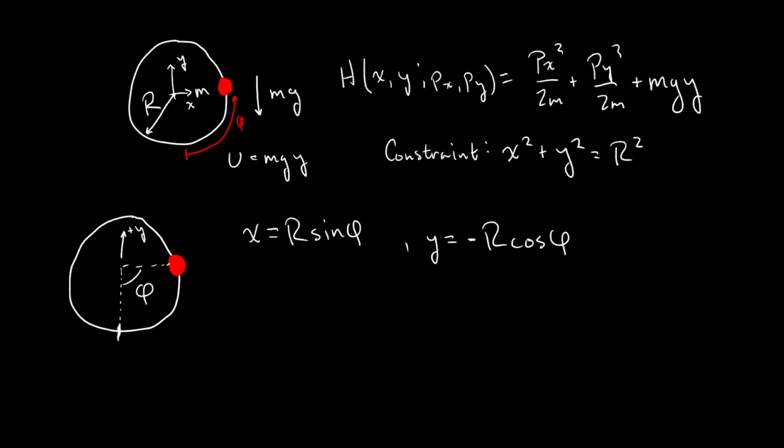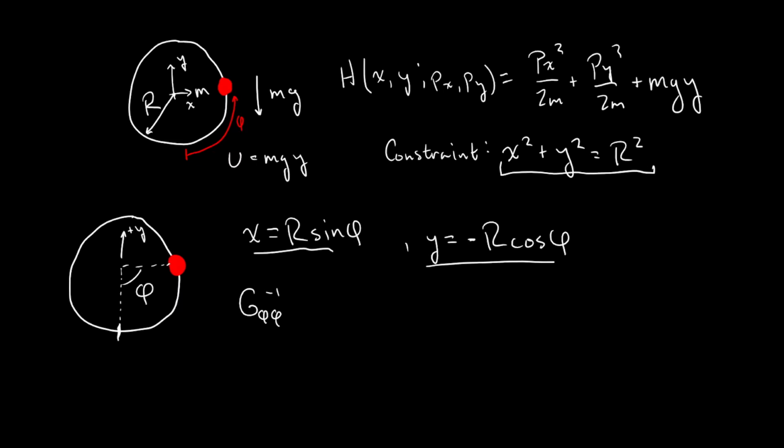Okay, so now all I have to do is find g inverse phi phi, because that's my only coordinate now. Notice that by writing it this way, I've written x and y in terms of only a single coordinate, which has essentially made my constraint equation redundant.